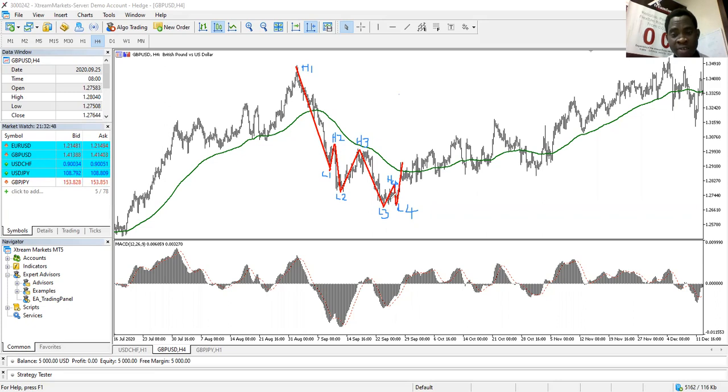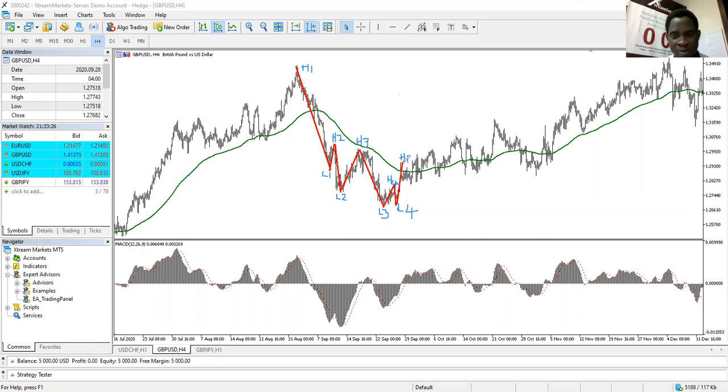But when the trend is changing, once you begin to discover that you are changing from lower high, lower low to higher high, higher low, then you should know that the trend is about to change. So this one now can start a new wave. And you see that that was how it actually started, because this particular L4 is higher than this L3, meaning that the trend is about to change.